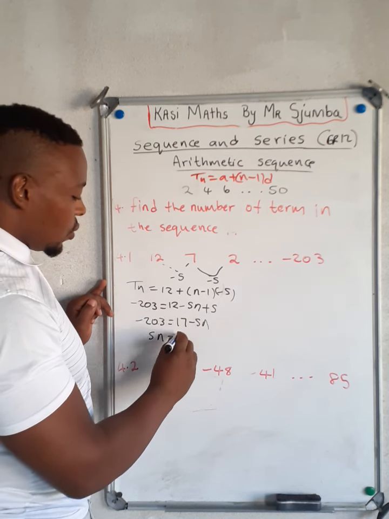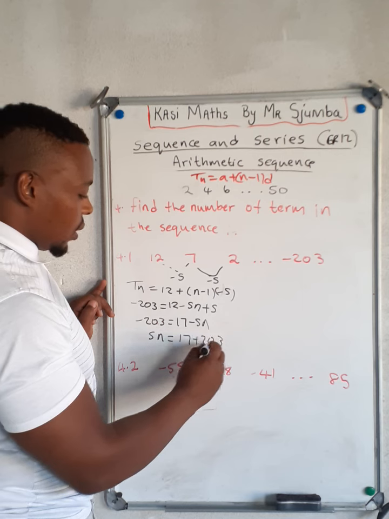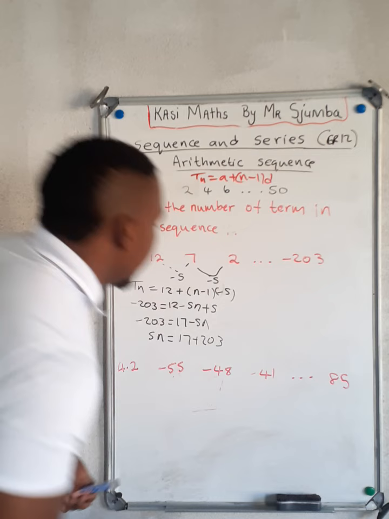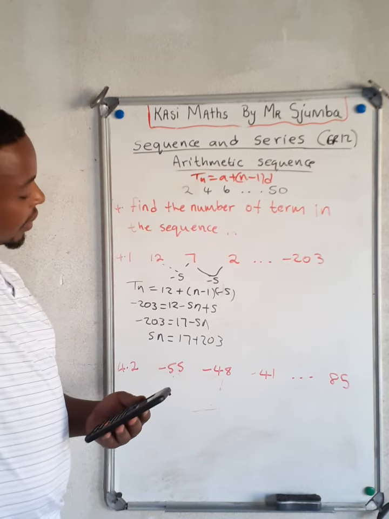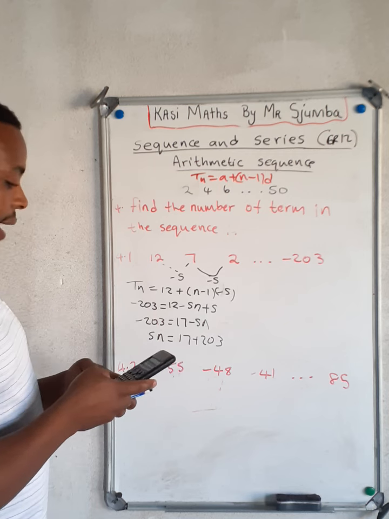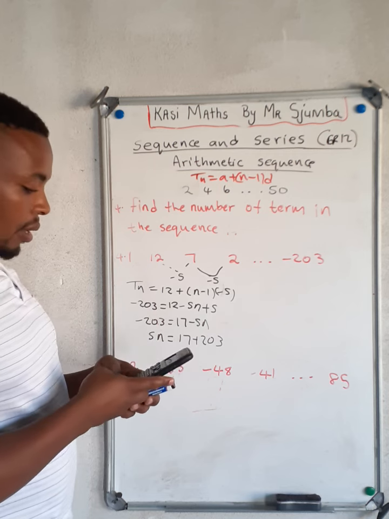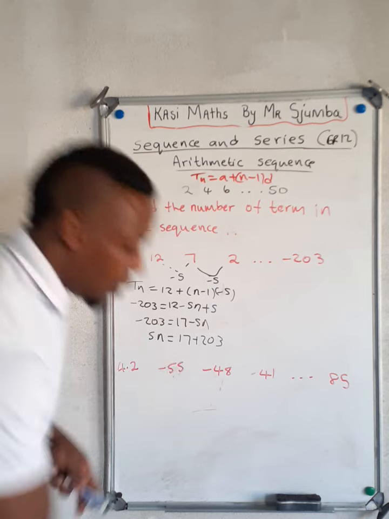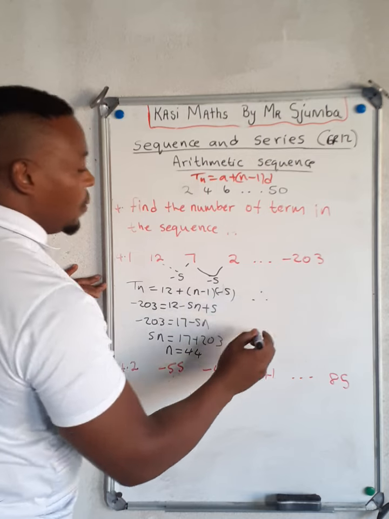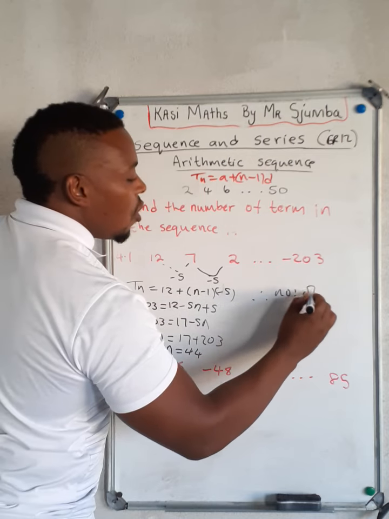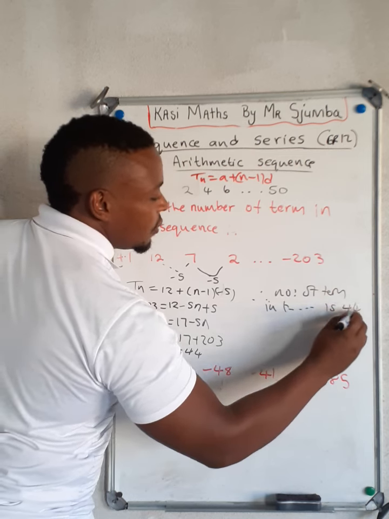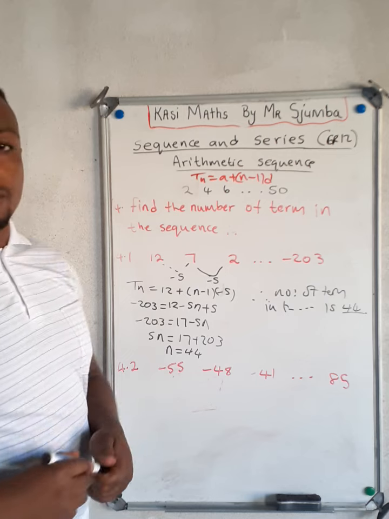So it's 5n equals 17 plus 203, which is 220. So 220 divided by 5 is 44. It means n is equal to 44. So therefore, the number of terms in this sequence is 44, because the last term's position is 44.